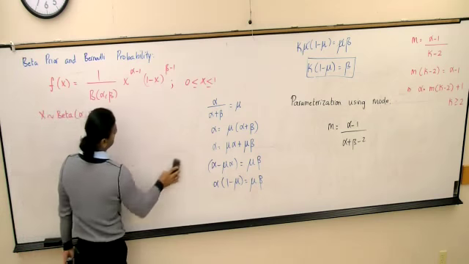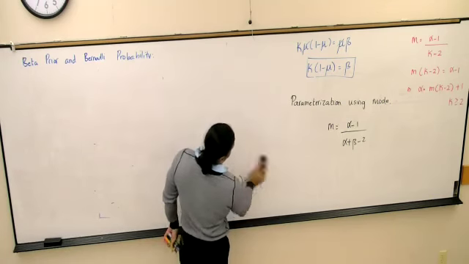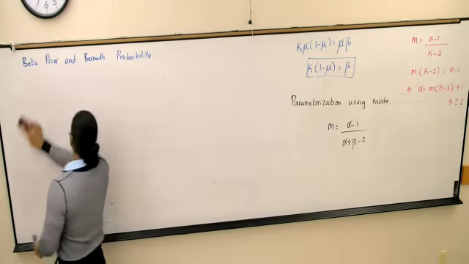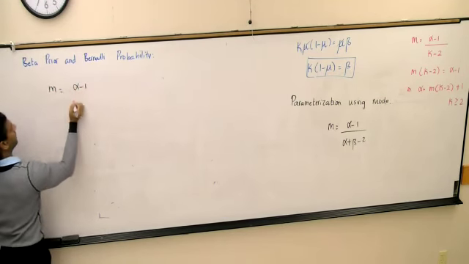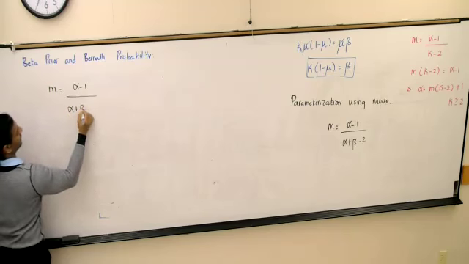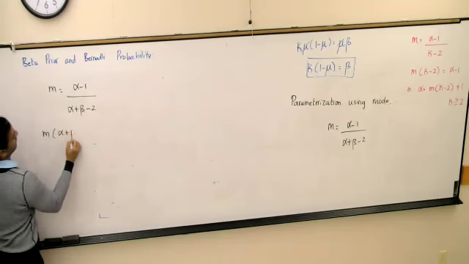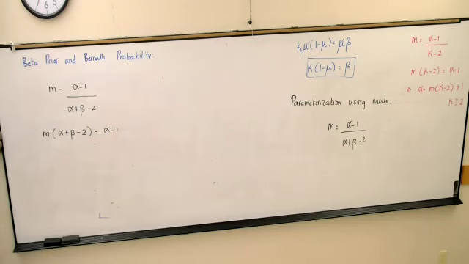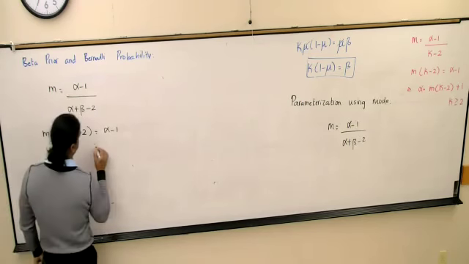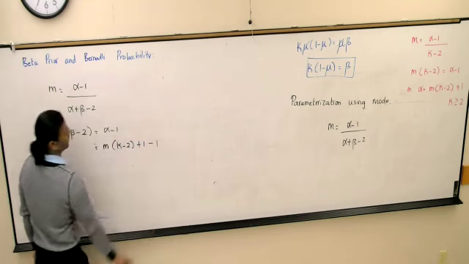Do the same thing with beta. So m is equal to alpha minus 1 over alpha plus beta minus 2. So m times alpha plus beta minus 2 would equal alpha minus 1.